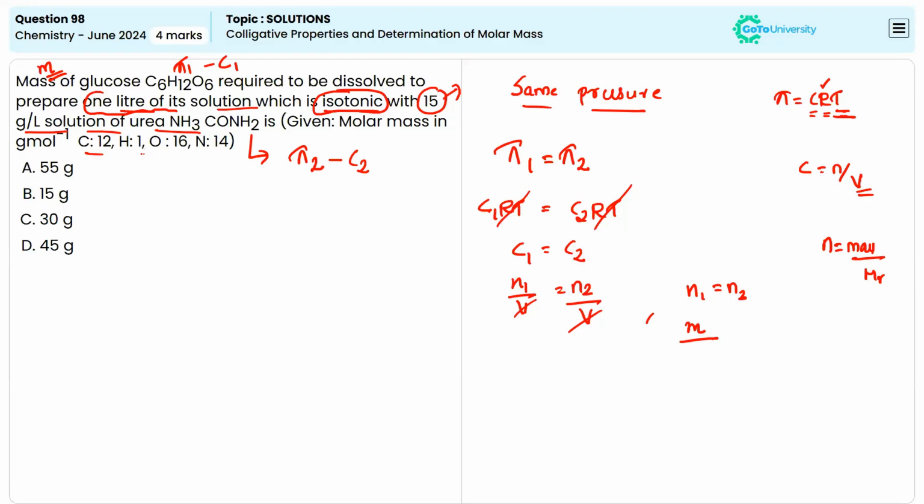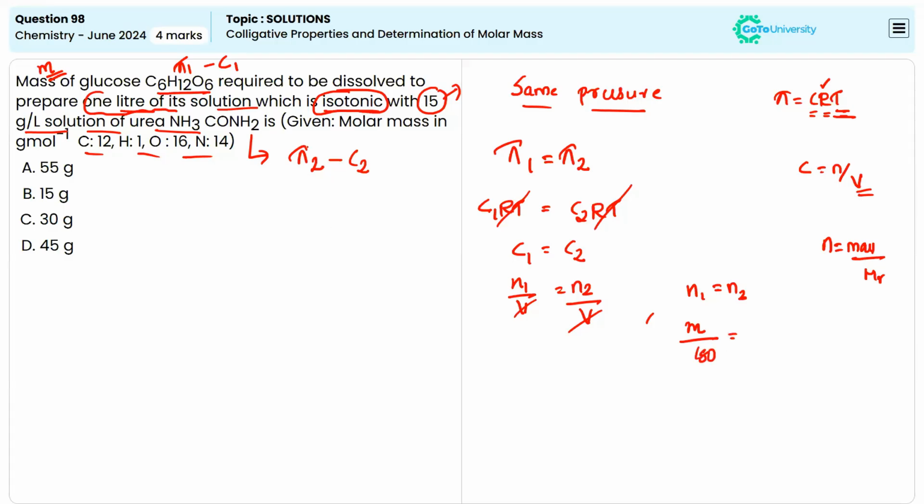How? Because here the atomic masses are given, and the molecular formula for glucose is C6H12O6. So we have to find the molecular mass of glucose, that is 12 into 6 plus 12 plus 6 into 16, right? So it will be 180.